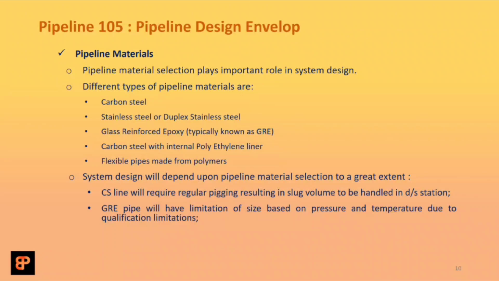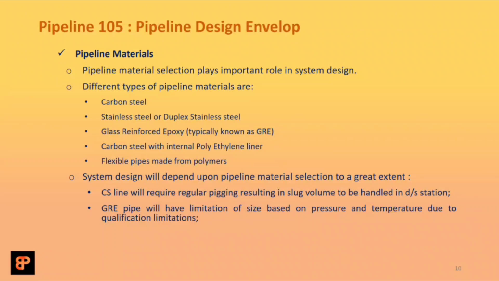It has limitations of temperatures and pressures. Temperature, of course, will have an impact on GRE because it is glass reinforced epoxy. Its strength will be reduced when the temperature goes up, similar to carbon steel, but here the impact will be much higher.